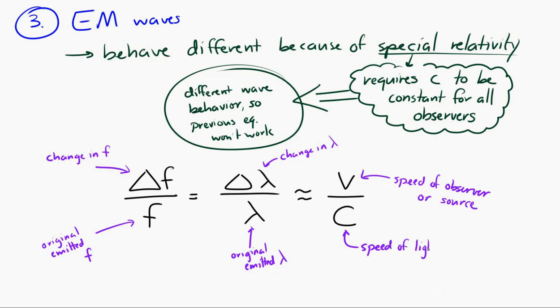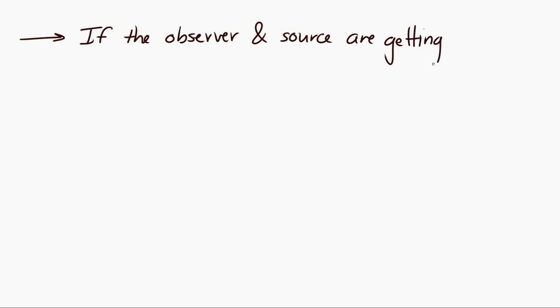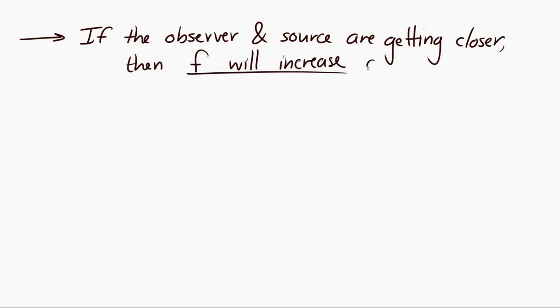Now, the trick with this equation is that you have to determine whether delta f or delta lambda is going to increase or decrease the original frequency or wavelength. If the observer and the source are getting closer together, moving toward each other, then the frequency has to get bigger and the wavelength has to get smaller.